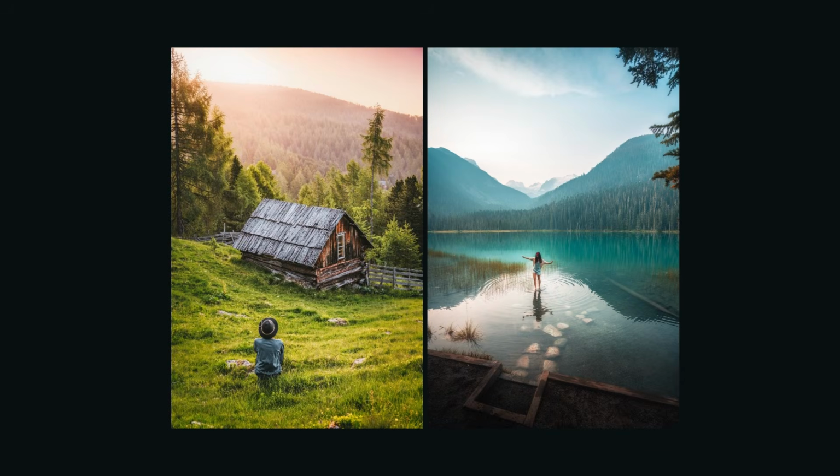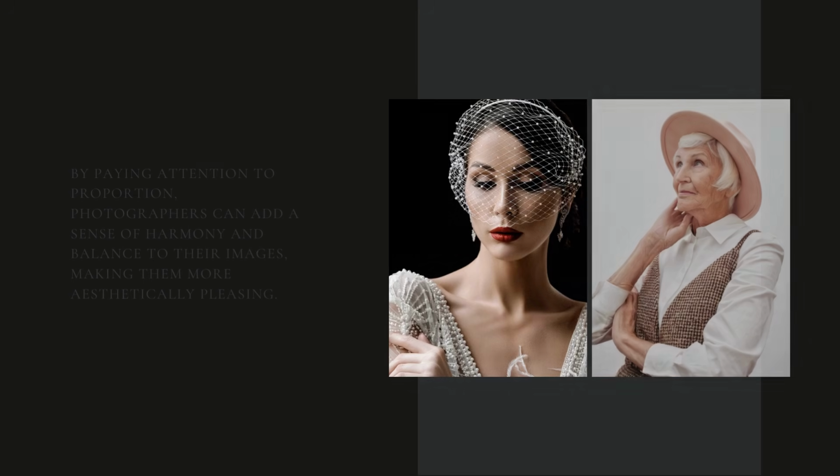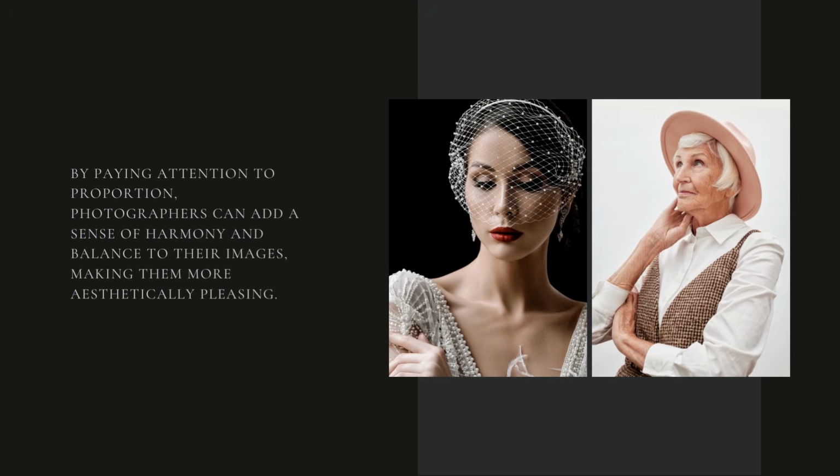Similarly, in landscape photography, it can be useful to maintain a sense of proportion between the foreground, midground, and background elements. This can help to create a more dynamic and visually engaging photo. By paying attention to proportion, photographers can add a sense of harmony and balance to their images, making them more aesthetically pleasing.